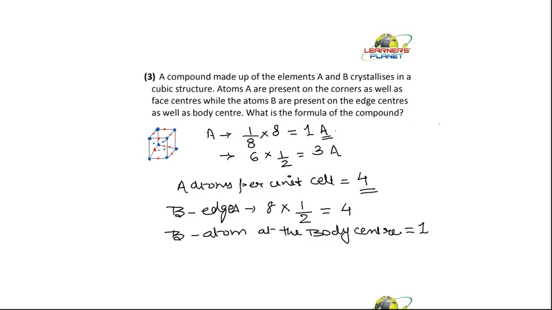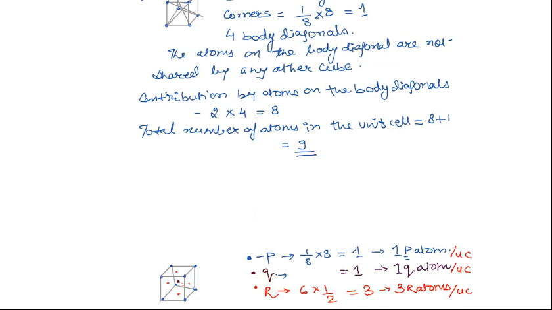So as the body center is not shared by anyone, there is 1 B atom per unit cell. So there are how many A atoms per unit cell? 4. How many B atoms per unit cell? 5. What is the formula of the compound? A4B5. Right?